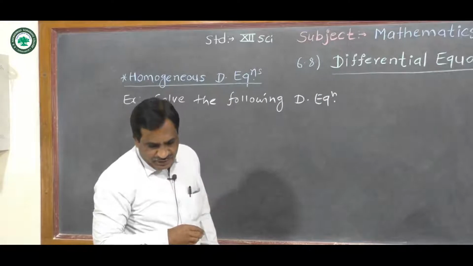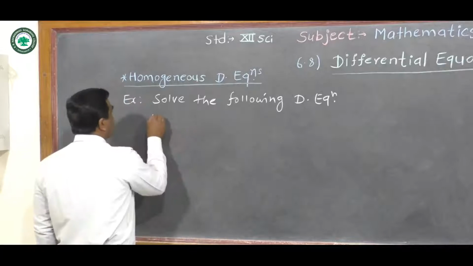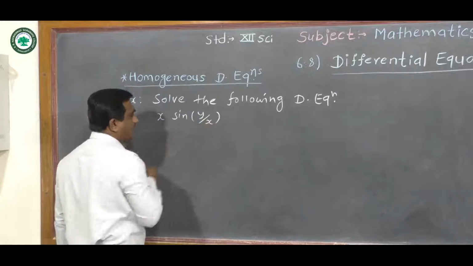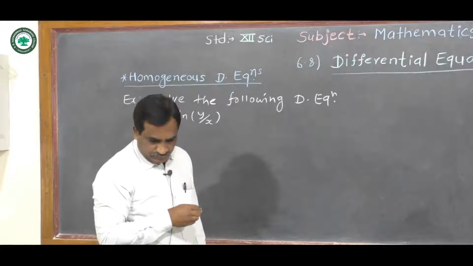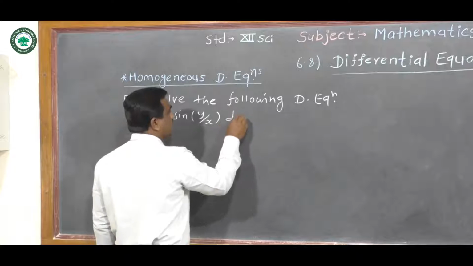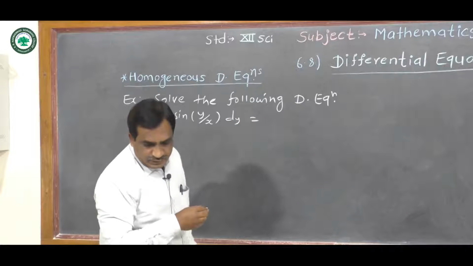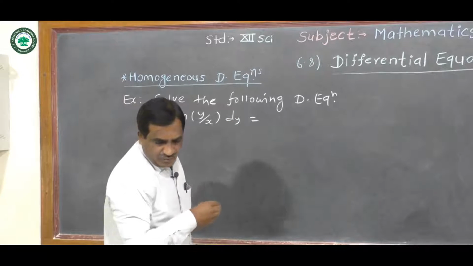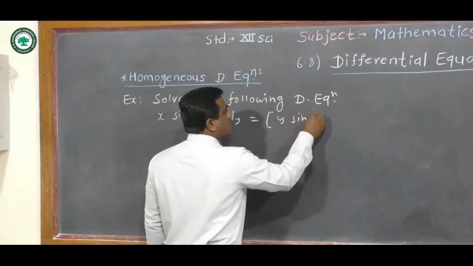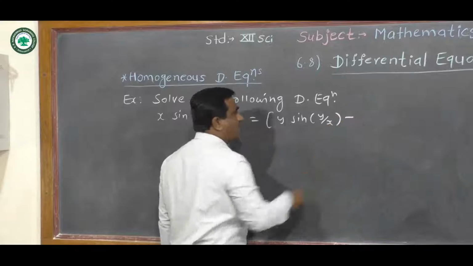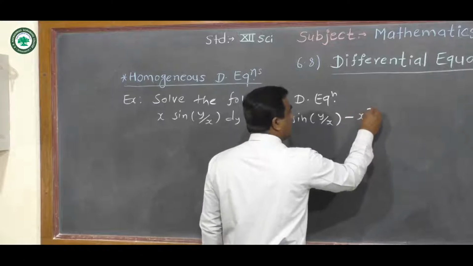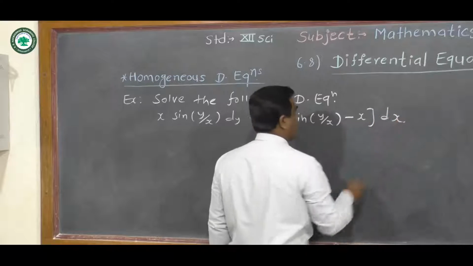The equation is x into sine of y upon x into dy is equal to, in square bracket, y into sine of y by x minus x, square bracket complete, into dx.